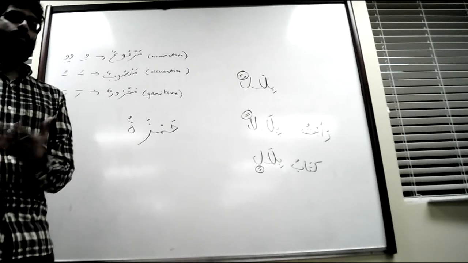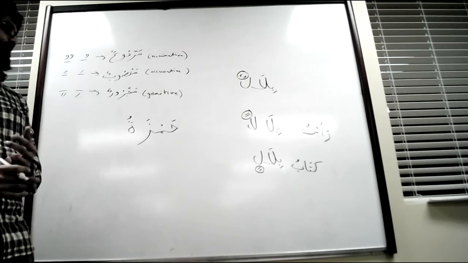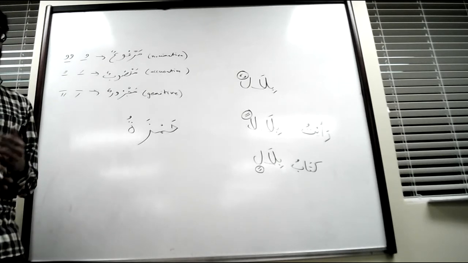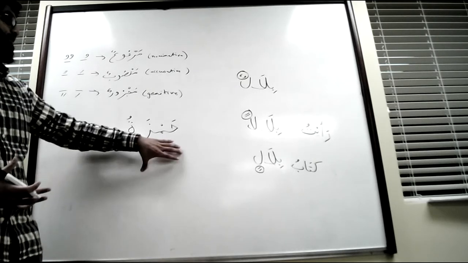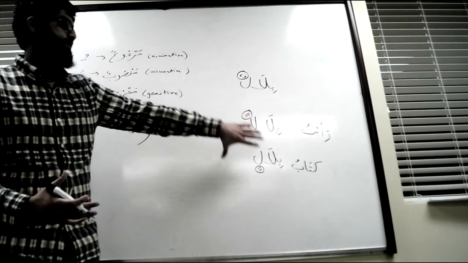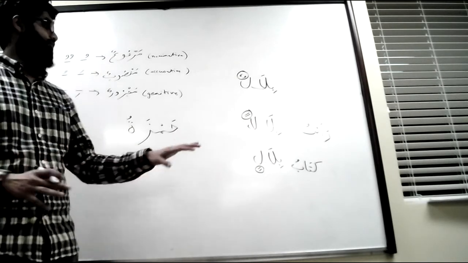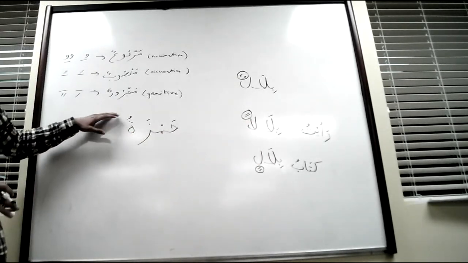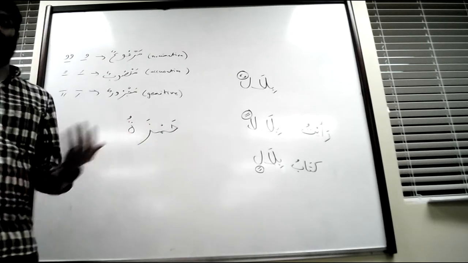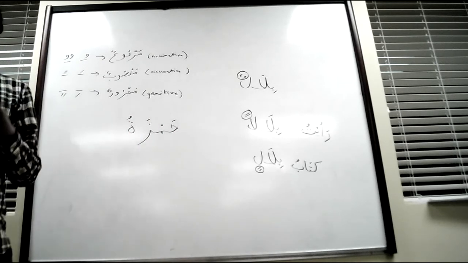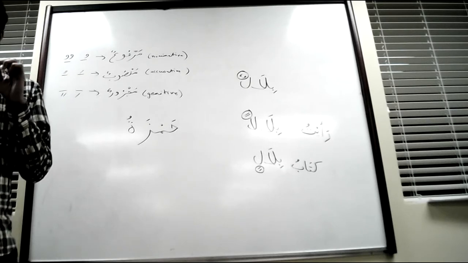This is why they introduced mamnu' min as-sarf last lesson, so that this lesson they can tell you if you are putting this differently in a sentence, you are not going to say ra'aytu or kitabu hamzati. The official way is that it does not.